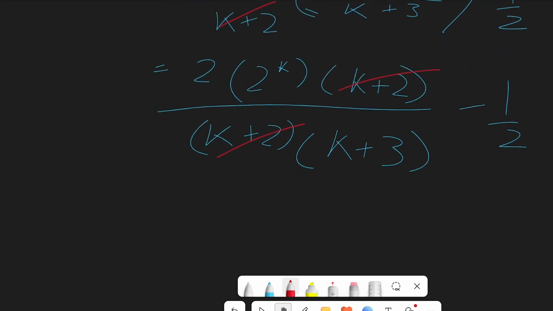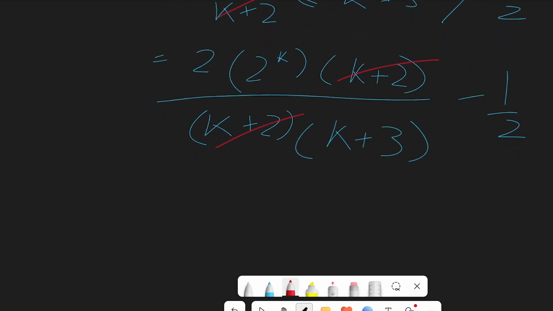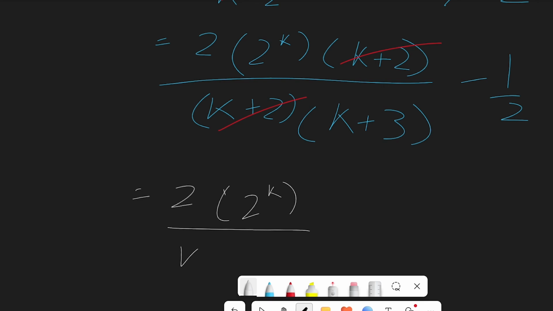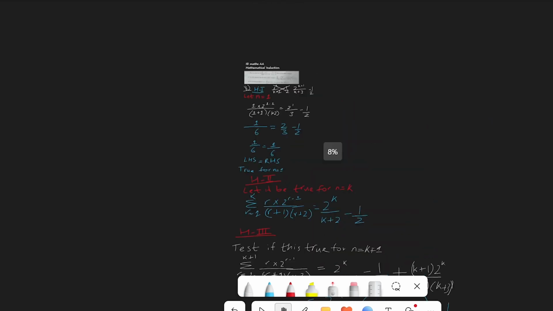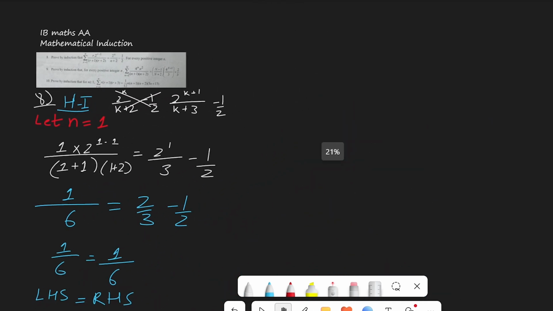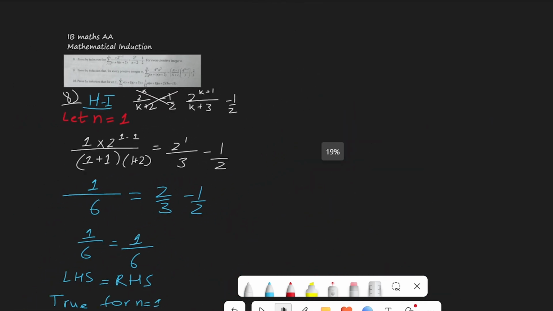Okay, so now what are we left with? We are left with 2 power k over k plus 3 minus 1 over 2. And what do we have? This thing, we still have a 2, right?